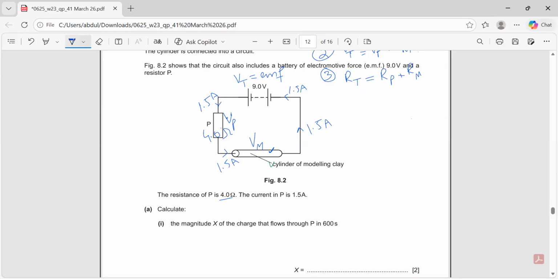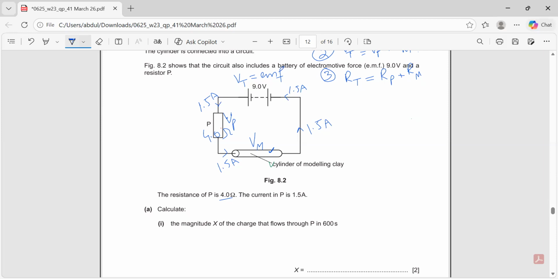Similarly, if the resistance Rm of the modeling clay is smaller, the potential difference across it will also be smaller, such that the current through it is still the same.